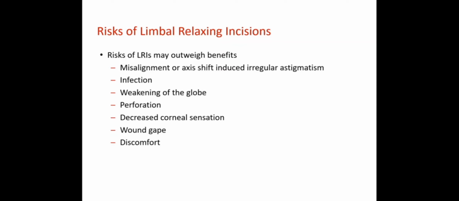So limbal relaxing incisions are known to have a little bit of regression because of healing. Toric IOLs are a hard piece of acrylic material. It doesn't change over time, right? But what you need to get right is the calculations for toric IOLs.